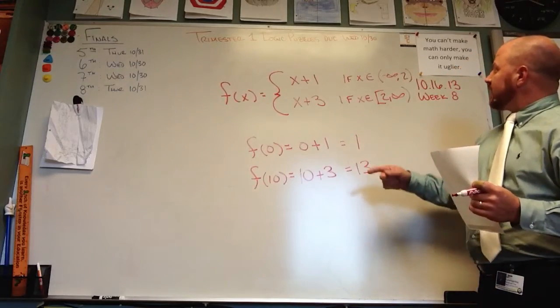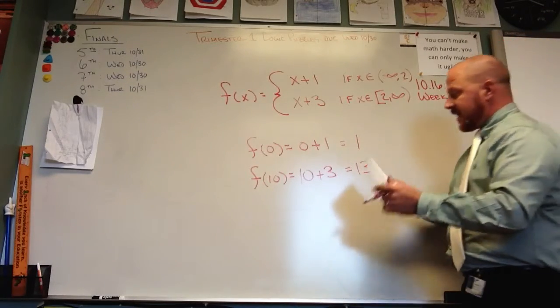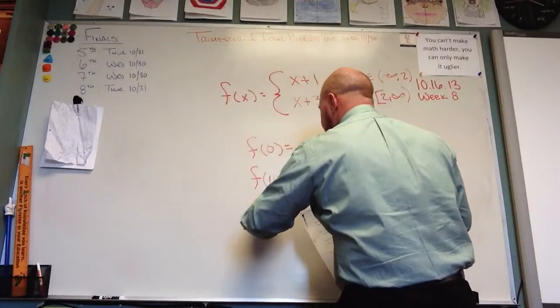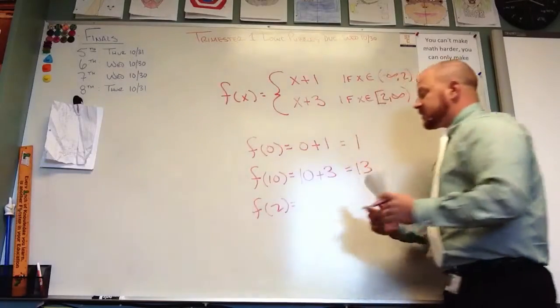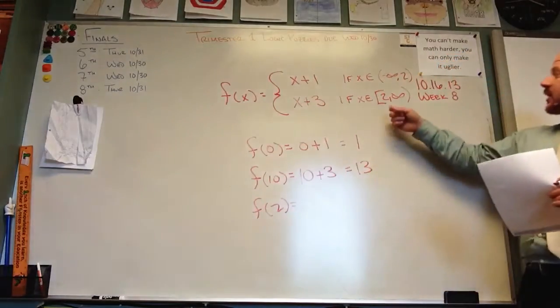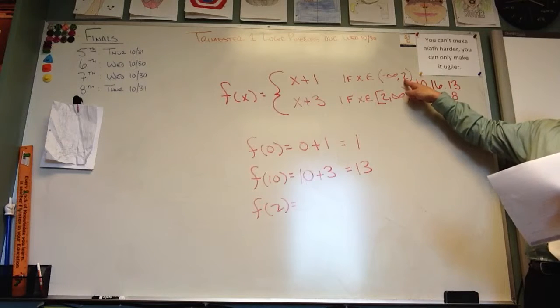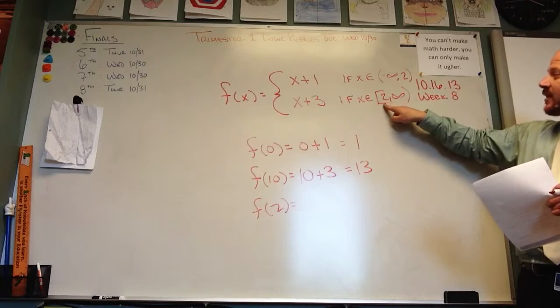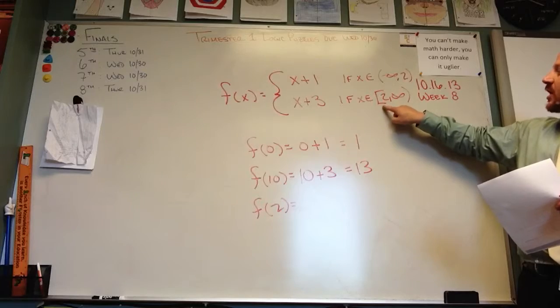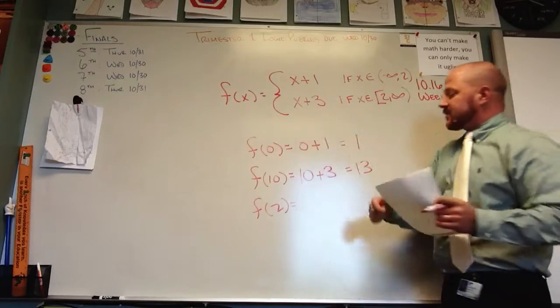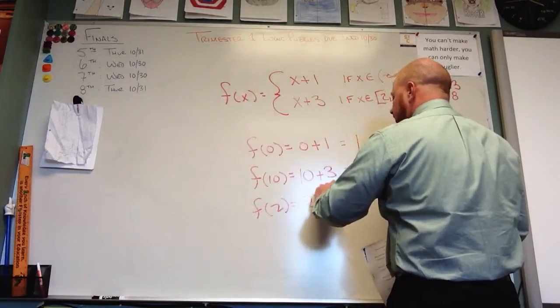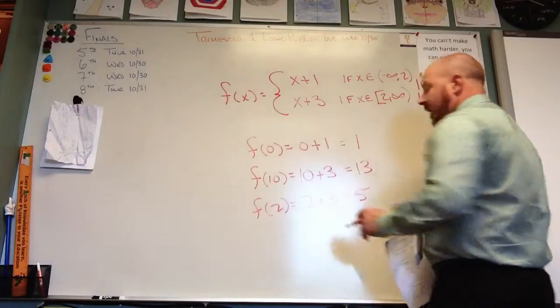And then last but not least, what is f of 2? Here's the only tricky part, because this is your boundary point. But looking at our notation, 2 is not allowed to be in this function. However, it is allowed to be in this function. So this is where I use 2, and it's going to be in that x plus 3. So it equals 2 plus 3, which is equal to 5.